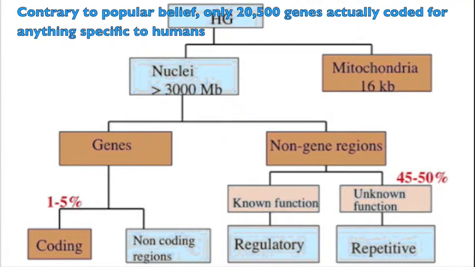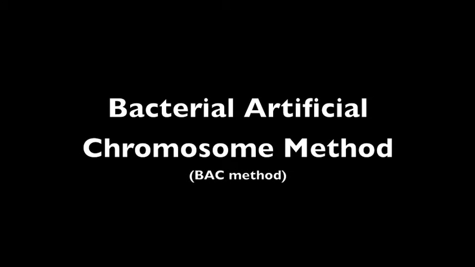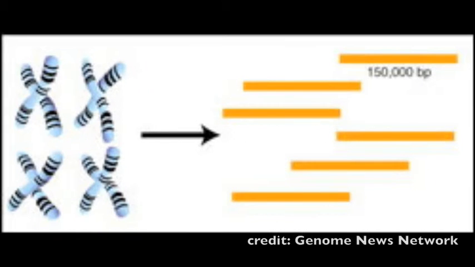The primary method employed by the Human Genome Project from 1990 to 1998 was an annotative method that involved the bacterial artificial chromosome method, or BAC method. To achieve the end goal of a chromosome sequence, the chromosomes were divided up into relatively large portions of 150,000 base pairs.